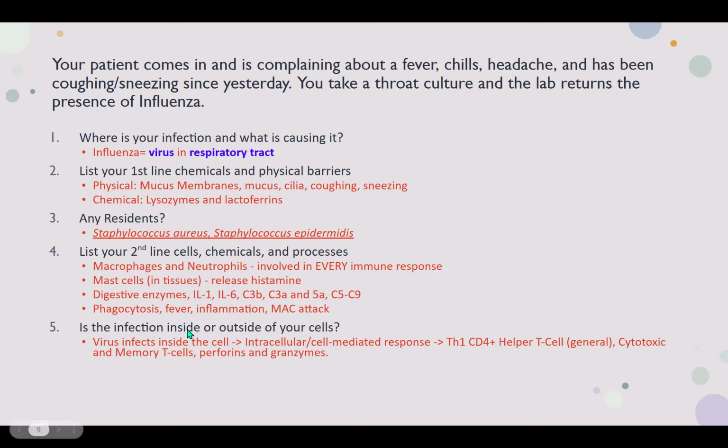And then the last question we'll ask you is, is this infection inside or outside of your cells? A virus inside the cell will be intracellular or a cell-mediated response. So you're going to have Th1 helper T cell, and that is going to use your CD4 plus receptor and your T cell receptor. I'm going to guarantee that you're going to have a question on what receptors are involved.